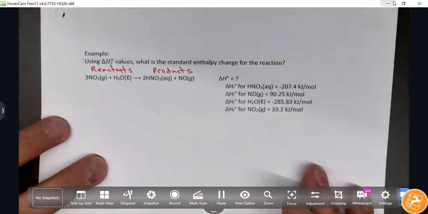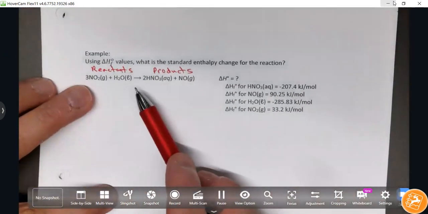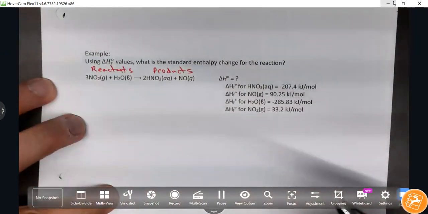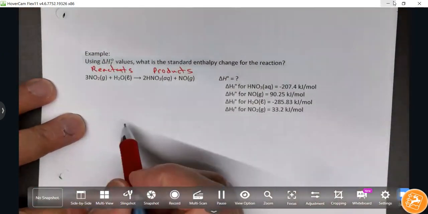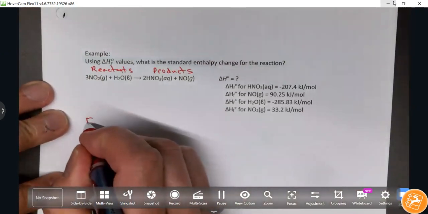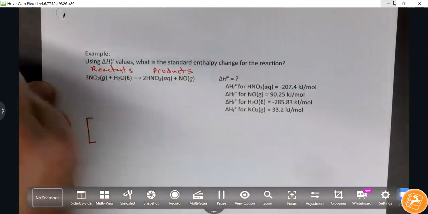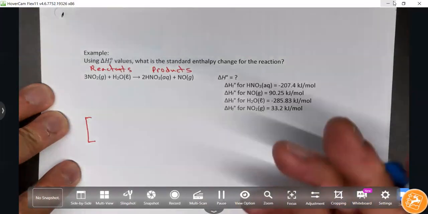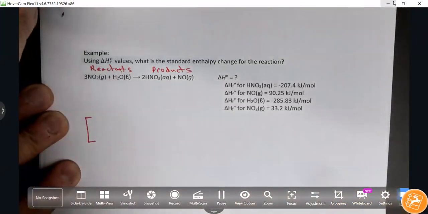And it's how much to form each one of these. So here's how it works. I'm going to make a bracket. And here we go.